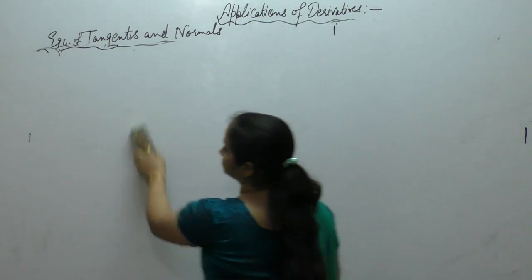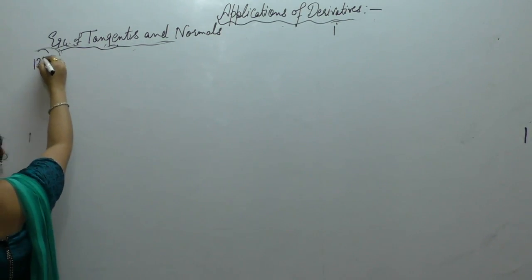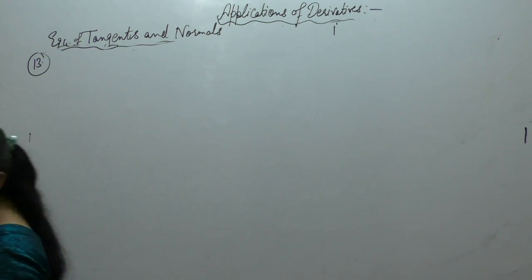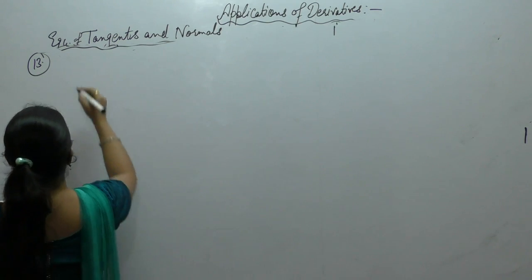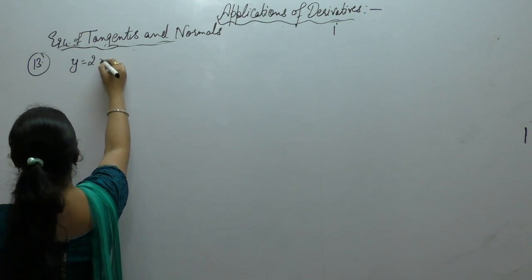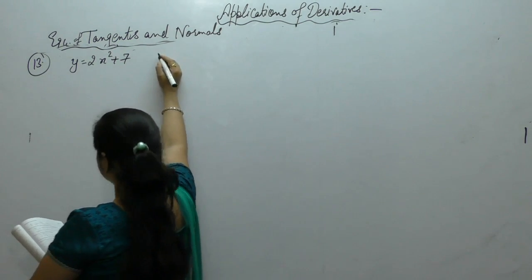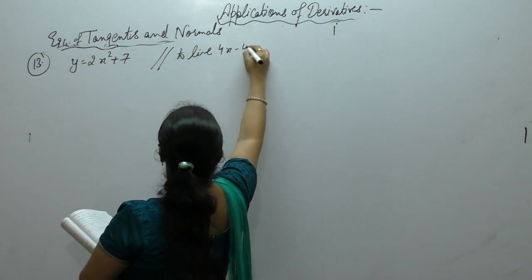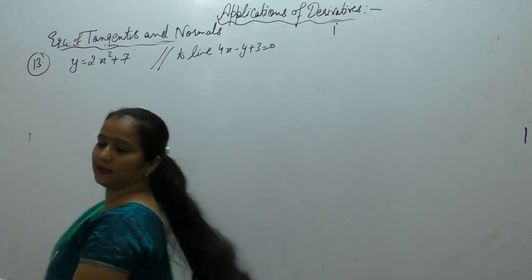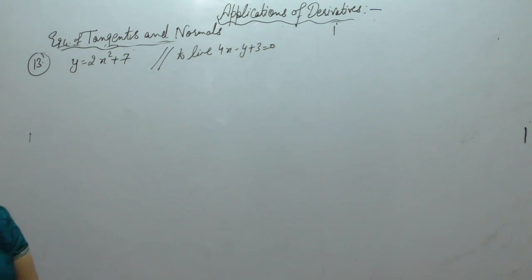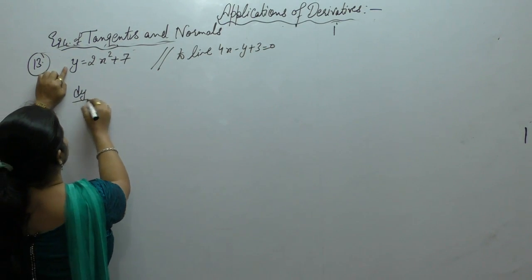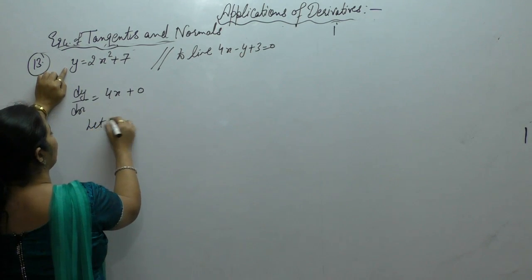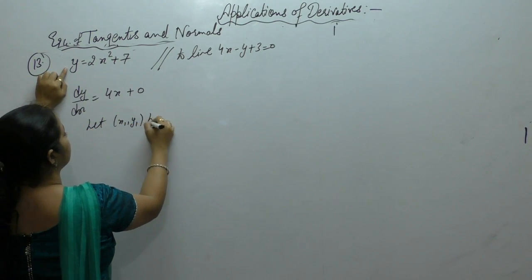Next one. Find the equation of tangent line to y = 2x² + 7 which is parallel to the line 4x − y + 3 = 0. dy/dx: derivative of 2x² is 4x, derivative of 7 is 0. Let (x1, y1) be the required point.